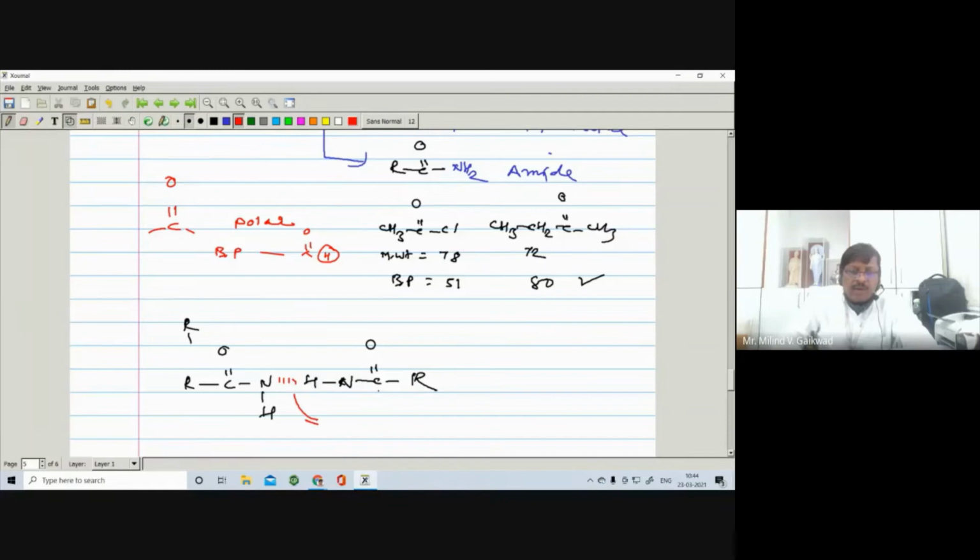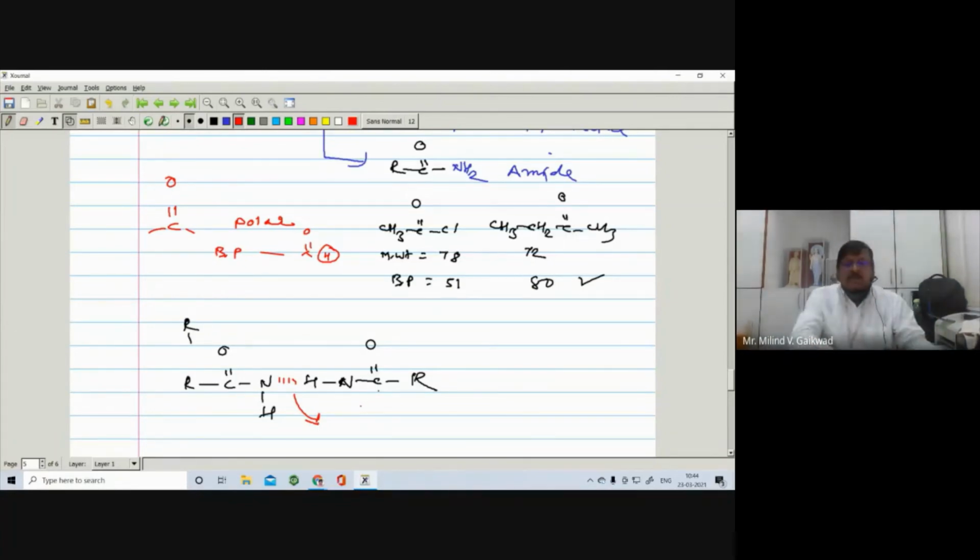Due to the hydrogen bonding, it has a higher boiling point as compared to the corresponding ketone. So these amides can form intermolecular hydrogen bonding.